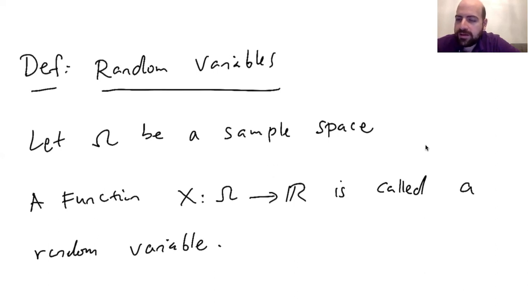So what does a random variable do? Well, remember omega consists of all possible outcomes of our random experiment. Now, these outcomes may not be real numbers. So for example, we saw they could be head, head, head, or head, head, tail, right? So these are not numbers. So a random variable assigns numbers to each of our outcomes, and we are allowed to assign any real number.